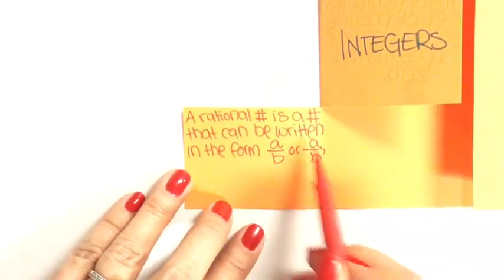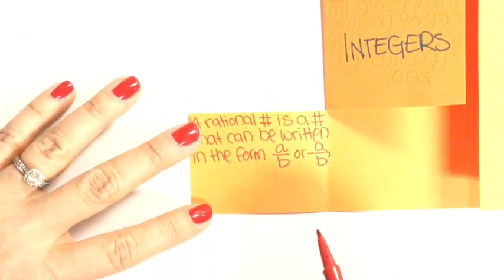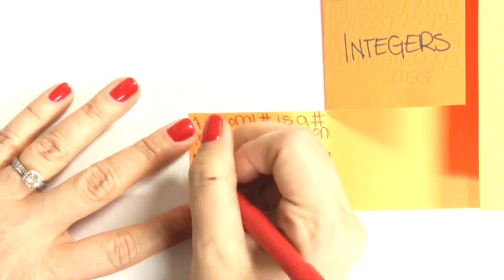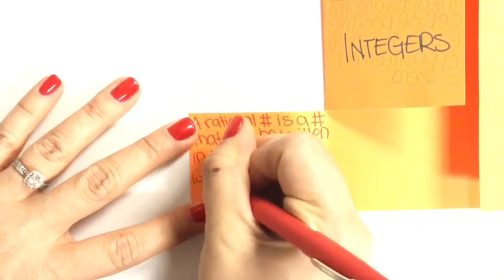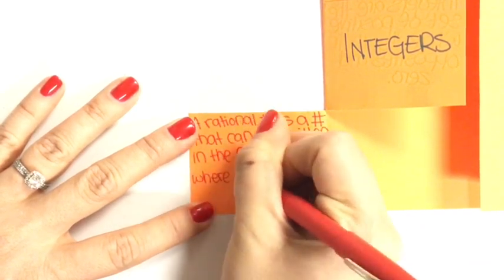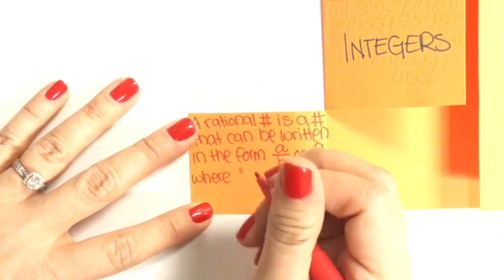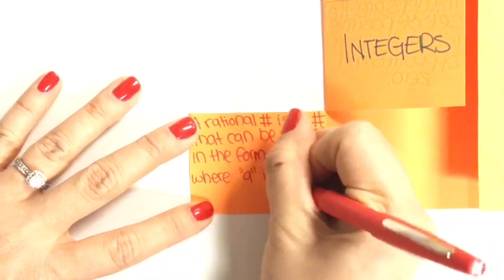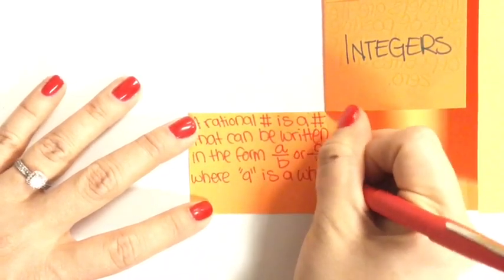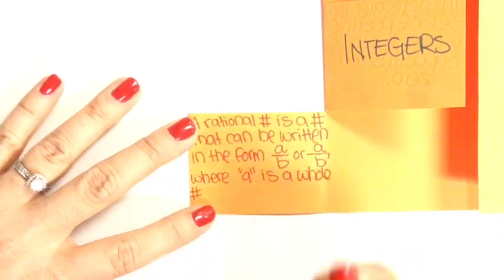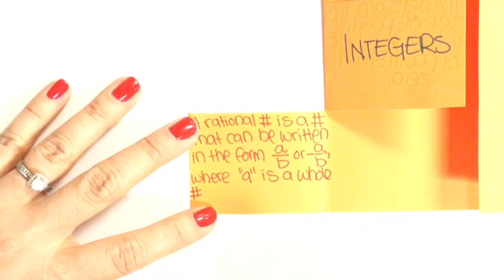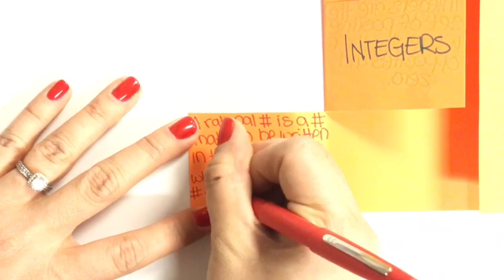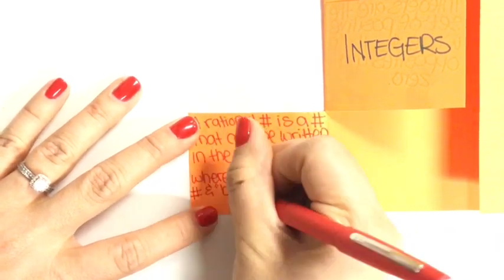And then we need to explain these a's over b's and what they can be. So for a rational number, where a is a whole number, and we're going to put little quotes on a, where a is a whole number, and b is a positive whole number, with quotes.